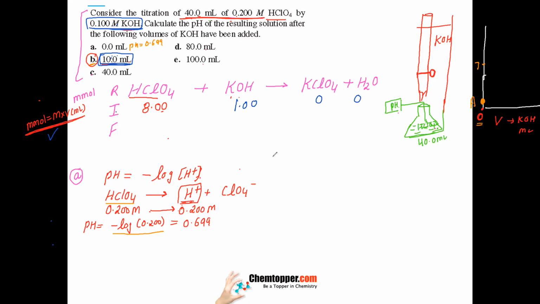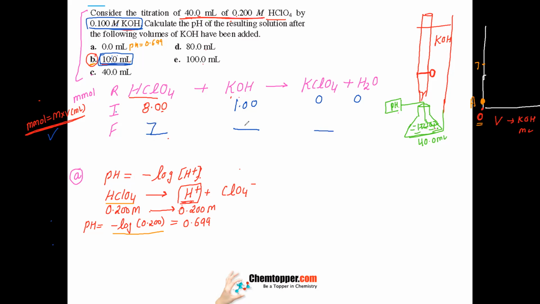The reaction has not started yet. Now the reaction has started. After the reaction is completed, how much HClO4 is there? How much KOH? Who is the limiting reactant? Yes, how much HClO4 here? How much KOH? How much KClO4?